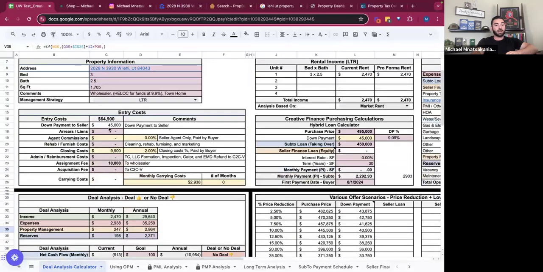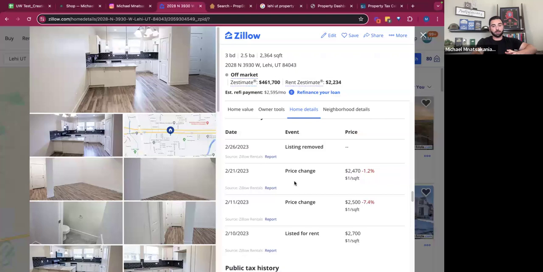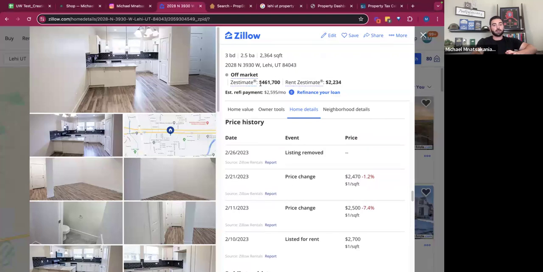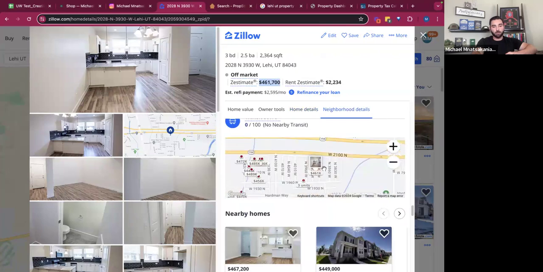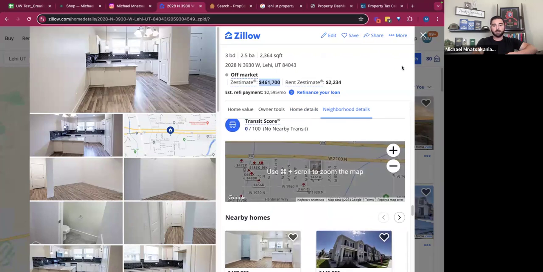That doesn't excite me. And the entry isn't very low either at $65,000, and you're paying over market value for it. And we're not actually sitting here comping, but the fact that Zillow is estimating 461, it's going off of other comps. It doesn't know the conditions of other properties, but it's going off of other properties that were sold nearby.